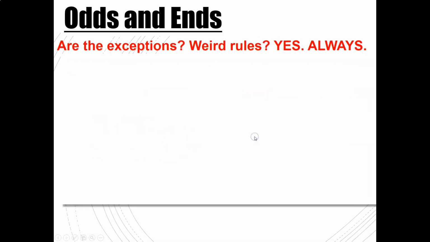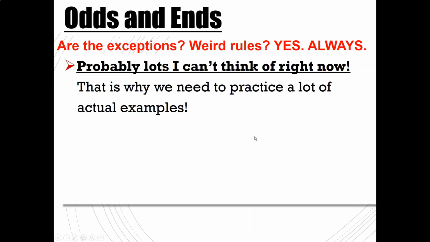So I am sure that I am missing something. There is always some weird naming exception or some random rule that only applies on this one element every other Thursday, right? The rules are always so wacky. So I'm sure I'm forgetting something, and that's the reason we do our practice.